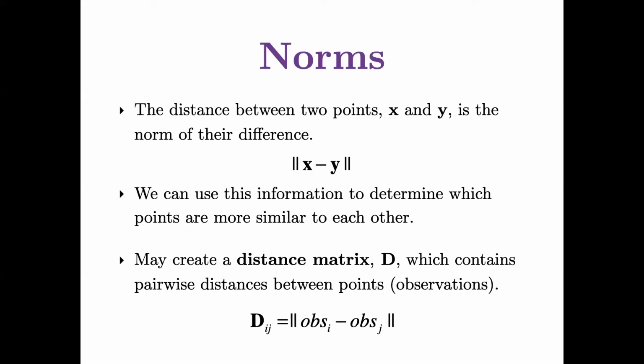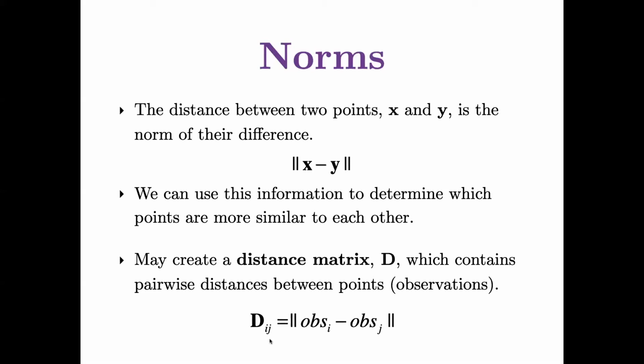So the ijth element of D would be the distance between observation i and observation j. This would be what's called a symmetric matrix because the ijth element would be the same as the jith element. So it would have that symmetry around the main diagonal.